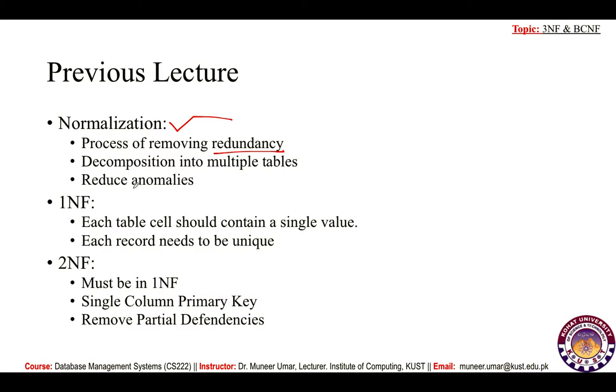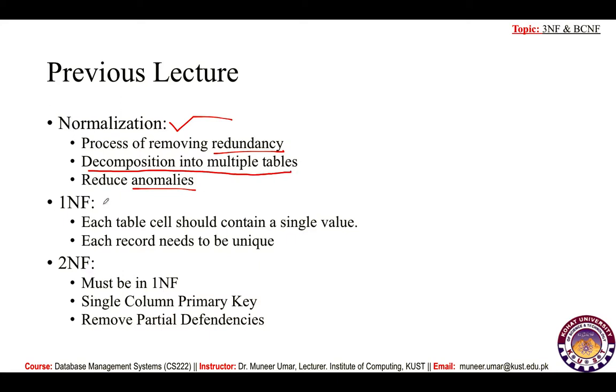Redundancy causes anomalies, and if we face some anomalies in a database, then our data would be in an inconsistent form. So in normalization, we decompose tables into some additional tables or multiple tables.